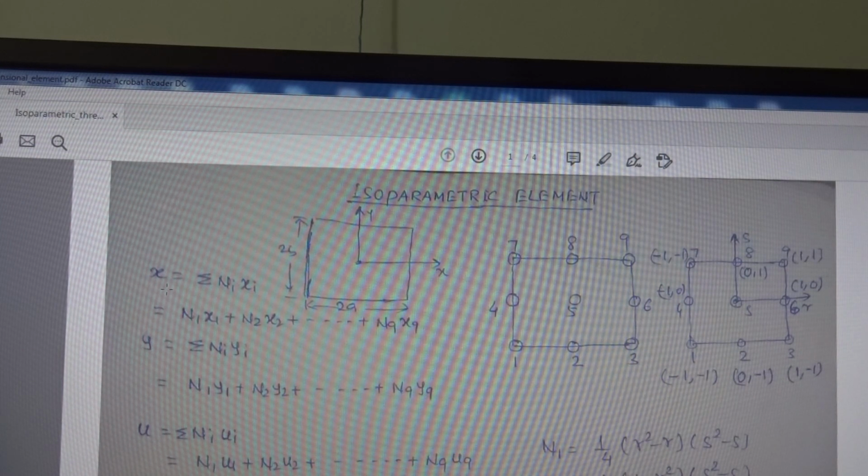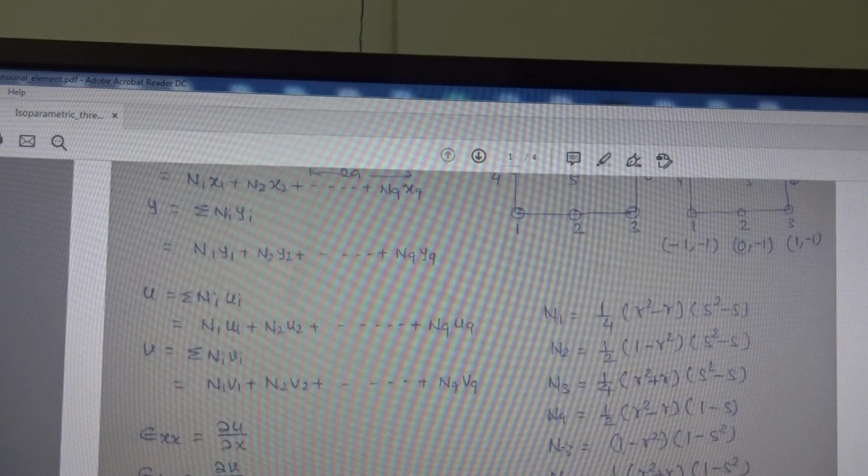So you can write the shape function N1. How can you write N1? N1 is equal to 1/4 (r square minus r)(s square minus s).